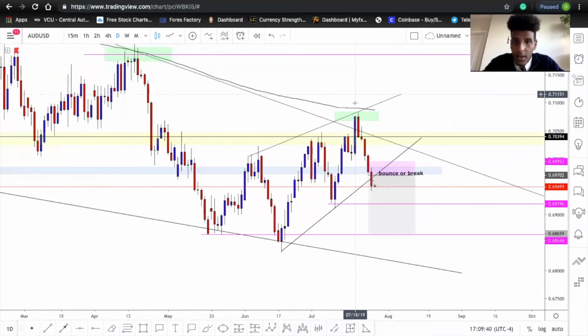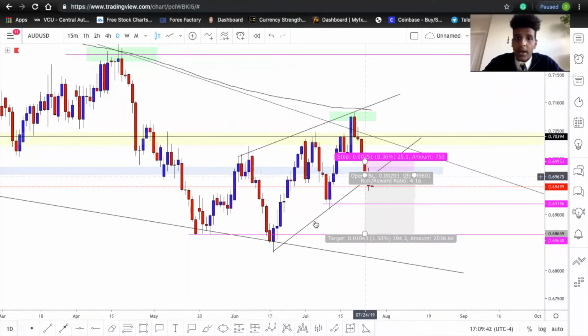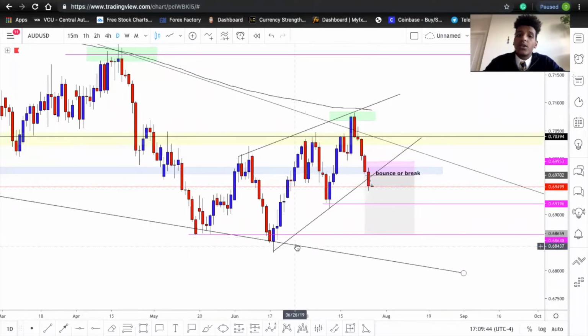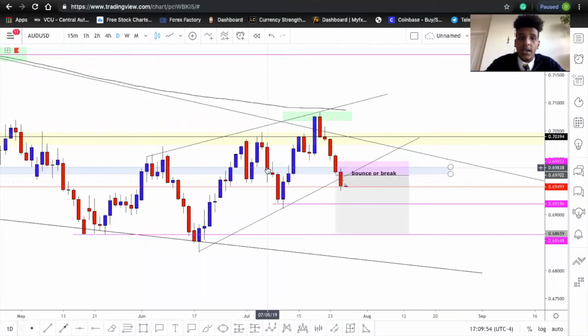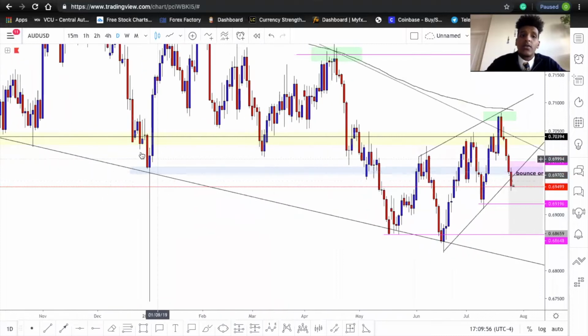And price bounced off, and we were waiting for a break or bounce of this third touch on this trend line. You guys can see we have one, two, and that third touch, and price snapped below and had a daily close below this trend line and below this blue zone. And if we look at the past, this was a well-respected area.